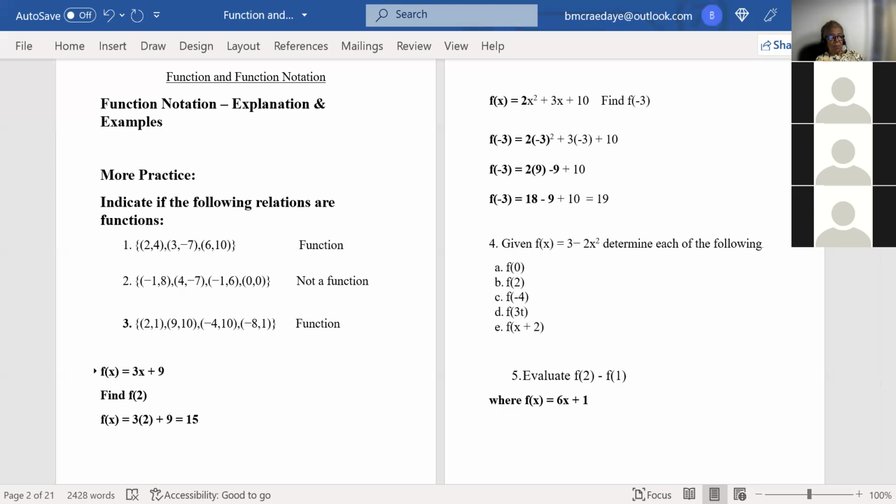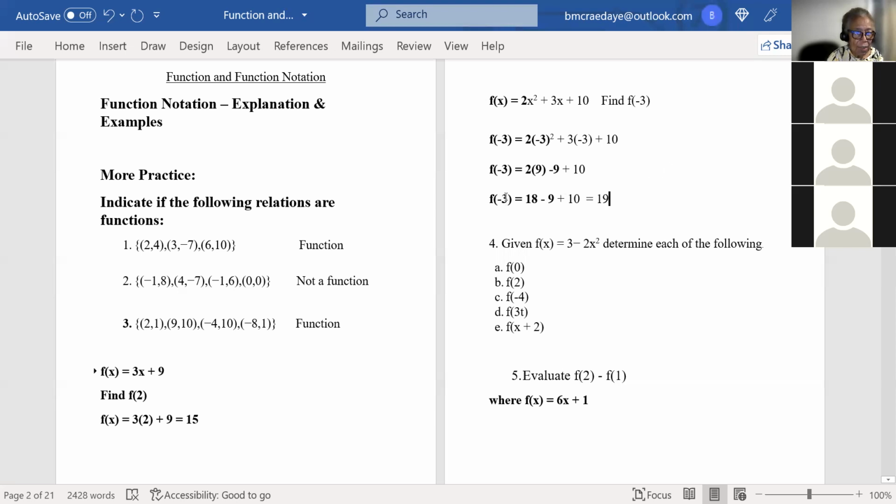Just rewrite that. This is substitution of the variable. The way we read function notation is f of x equal to an expression. We can substitute values for the variable and then calculate the value of the function.